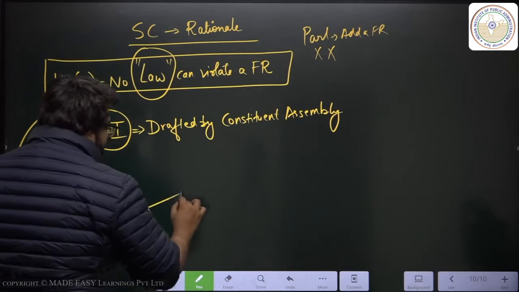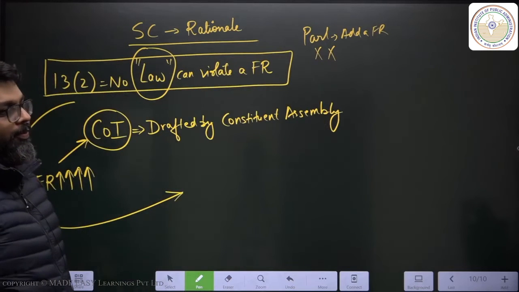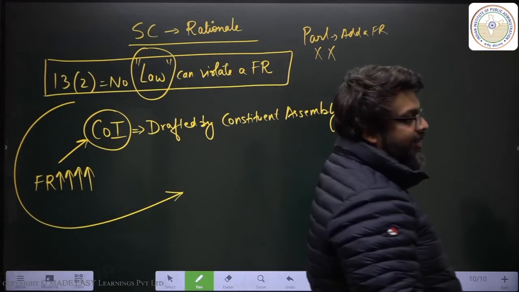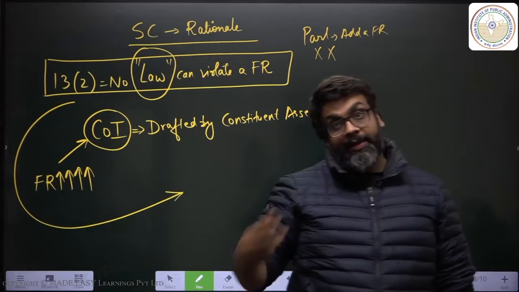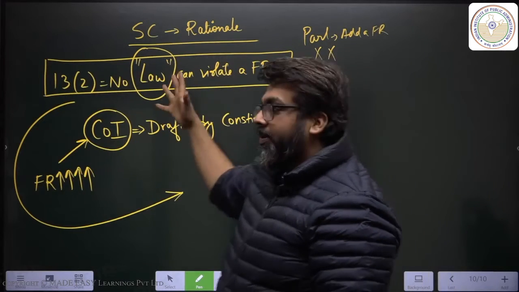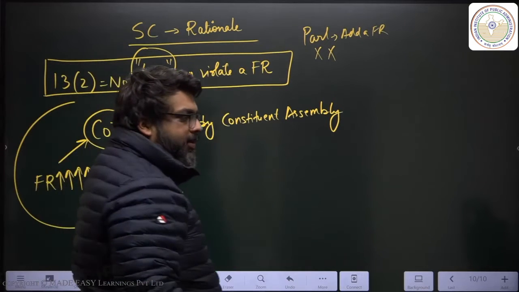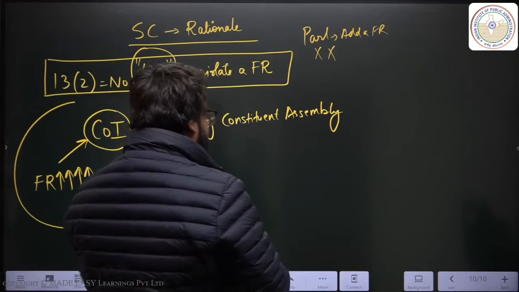So, the Supreme Court did what we all do. There are two ways to live life: either live or let live. So the Supreme Court said, there are two kinds of lawmaking power.